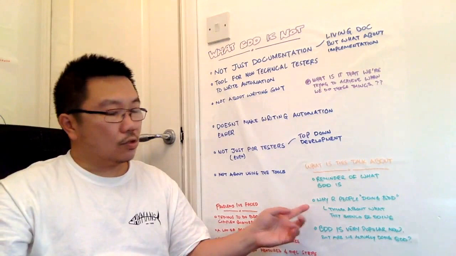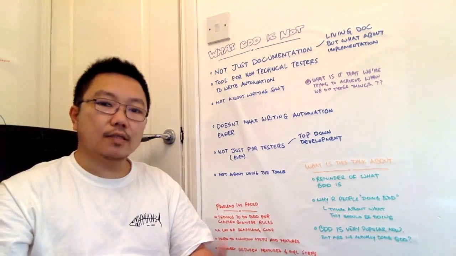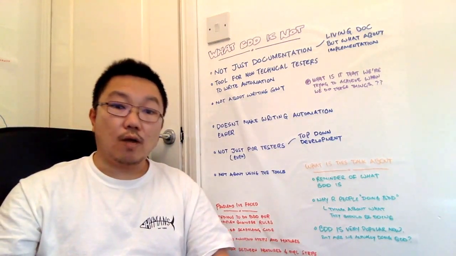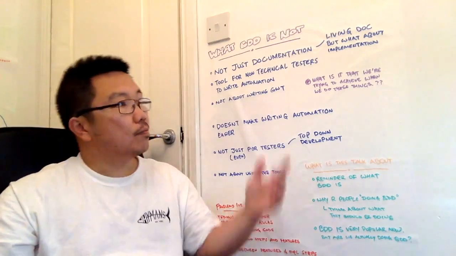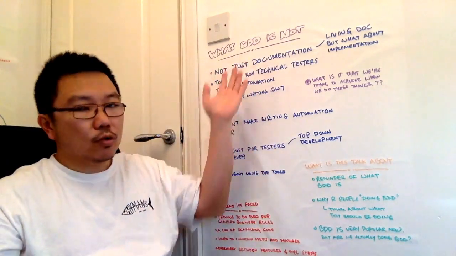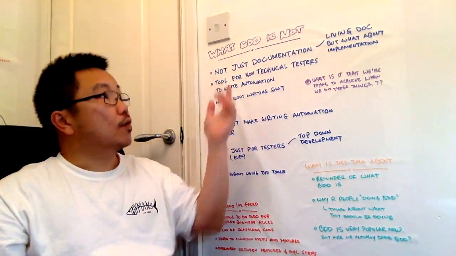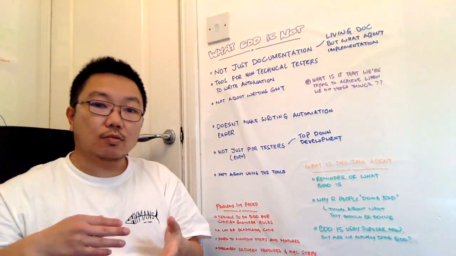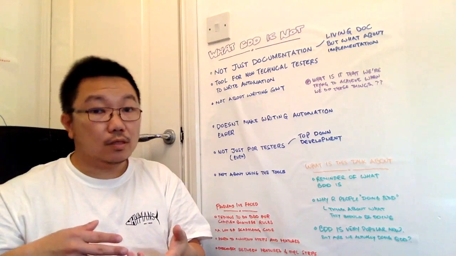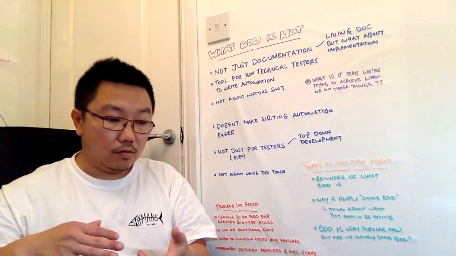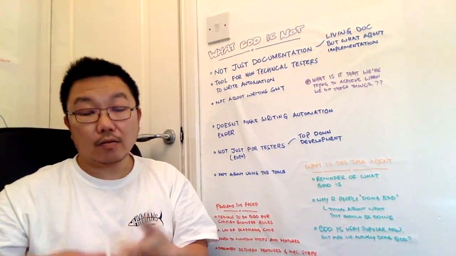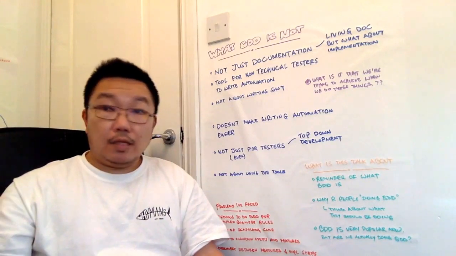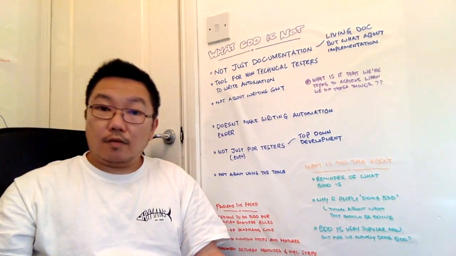And the second thing also is to think about why it is that you are doing BDD. If you're doing it because you want live documentation, you want to make it easier to automate, you want to get non-automators helping out, I believe that there are better ways of doing it.